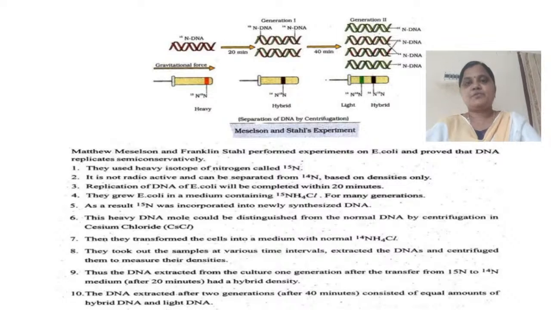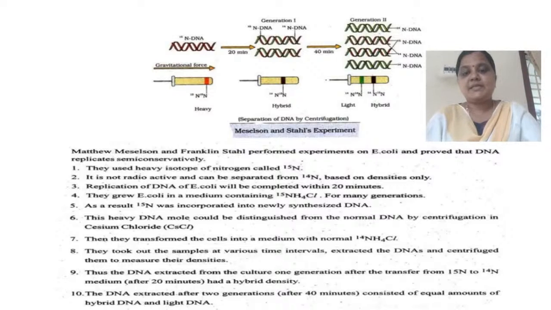So now comes the theory. This replication of DNA in E. coli, how many minutes does it take? 20 minutes. It is completed within 20 minutes. To prove this, they grew the E. coli bacteria in a medium containing 15NH4Cl for many generations.